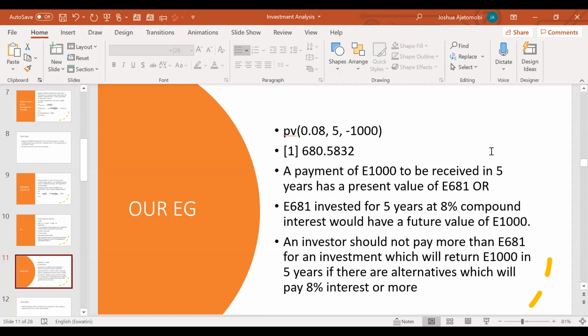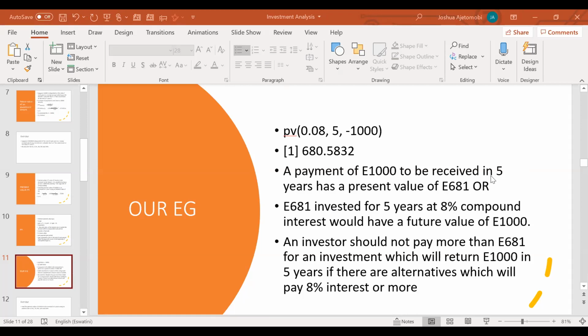Prof, does this mean that at the end of the period, the investor is going to get 1,680.58? Yeah, if you look at the interpretation, maybe I should share. In the interpretation, we say it means a payment of 1,000 emalangeni to be received in 5 years has a present value of 681 emalangeni.